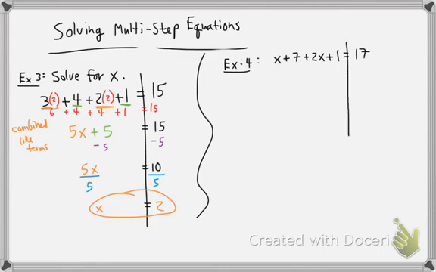I want to find what x is. So again, let's combine like terms. Combine all of your x's together, all of the x to the first powers. So x and 2x.